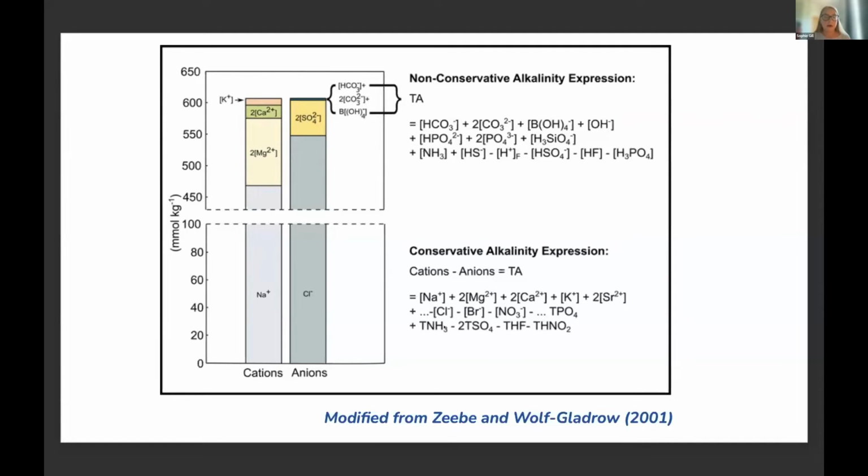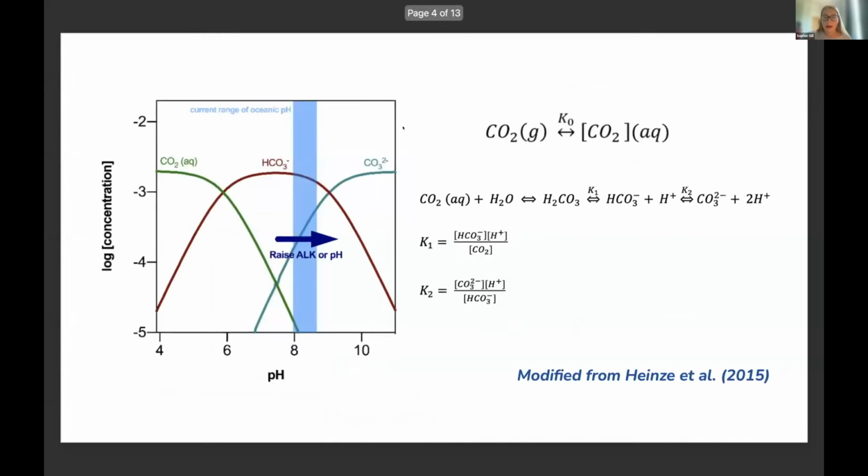And the difference between the conservative cations and conservative anions can be described by the carbonate system components that can change their speciation in response to perturbations in ocean chemistry. The Gerry plot here can be used to illustrate how external perturbations of pH and alkalinity can shift the carbonate system between its three major components: aqueous CO2, bicarbonate ion, and carbonate ion.